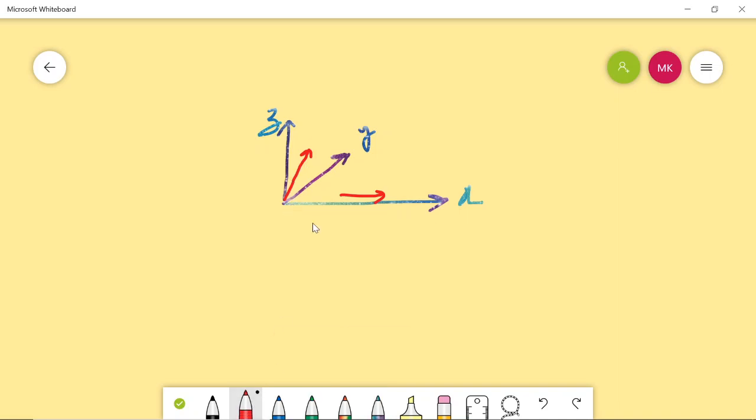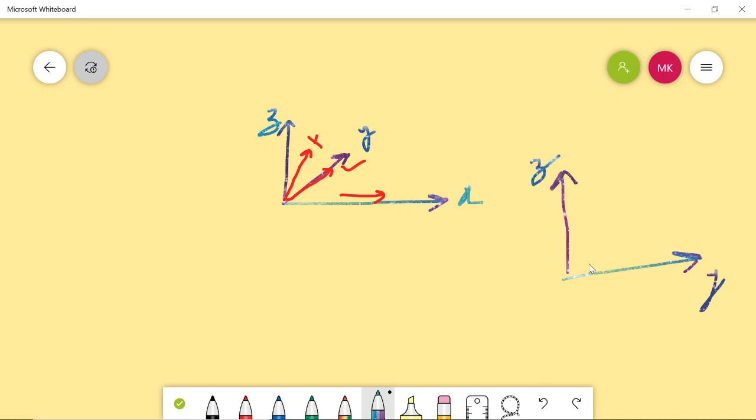And how can we use this simplification? If you have any vector in the y-z plane, we can reorient the coordinate axes x, y and z so that they align with this axis.